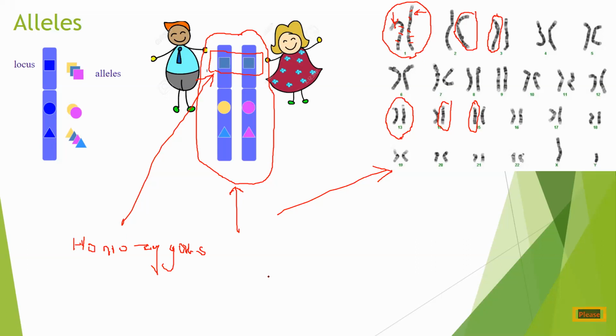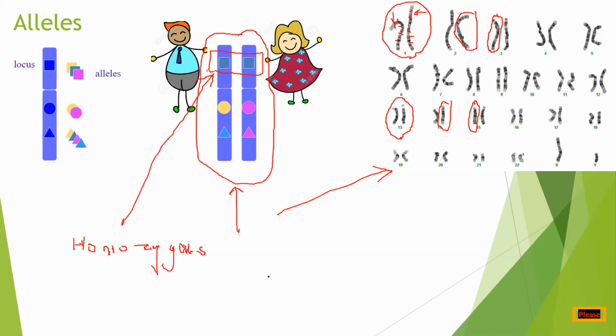Yeah, so what you're saying is that when we're talking about homozygous, we're talking about a specific pair, not in between pairs. And in this pair, we're talking about whether a locus is different or the same as the locus from the other chromosome in its pair.